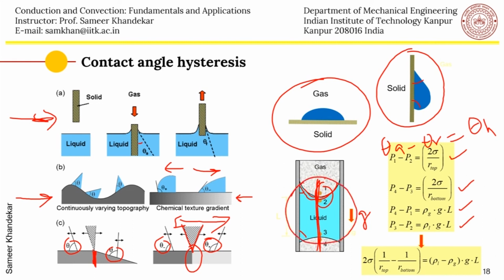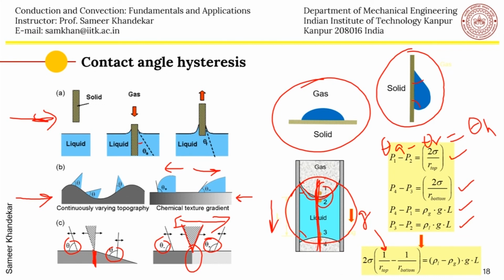Of course, if the plug becomes larger and larger, then it will start falling down. But a certain amount of liquid plug can be trapped without motion, in equilibrium, in such a small tube in which surface tension dominates. So this is a direct example, or a manifestation, of contact angle hysteresis.